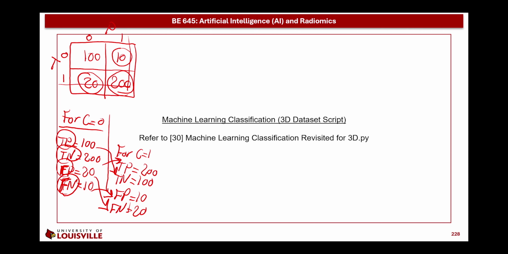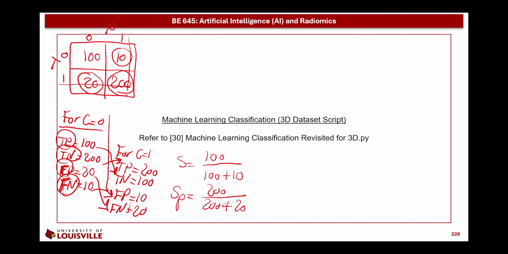When you do this, you will find the sensitivity, for example, for class 0 will be 100, which is true positive, divided by true positive plus false negative, which is 10, and the specificity will be true negative, which is 200, divided by 200 plus false positive, which is 20.